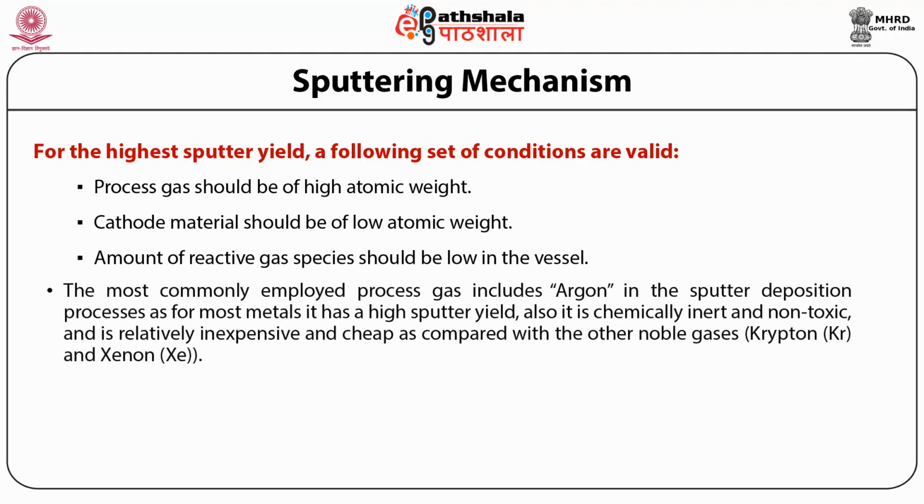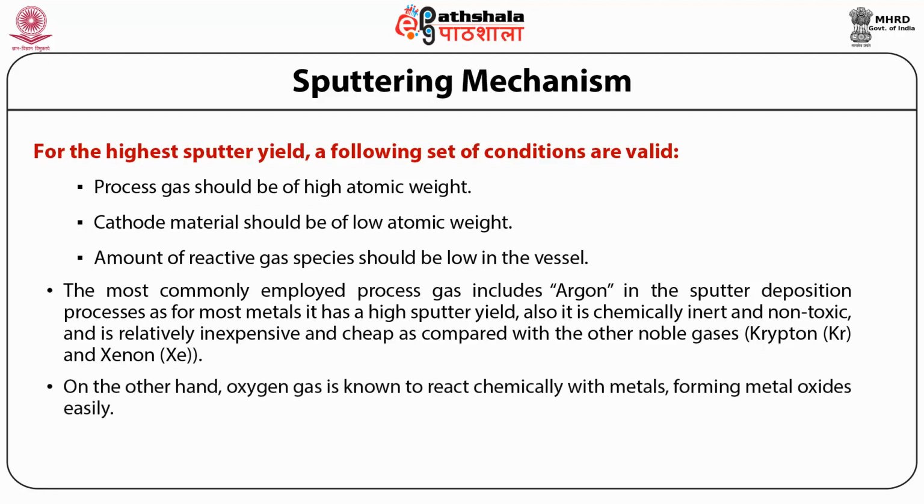The most commonly employed process gas in sputter deposition processes is argon, because for most metals, argon has a high sputter yield. Also, it is chemically inert, non-toxic, and relatively inexpensive as compared to other noble gases like krypton and xenon.